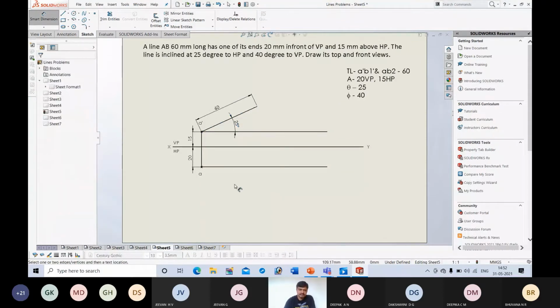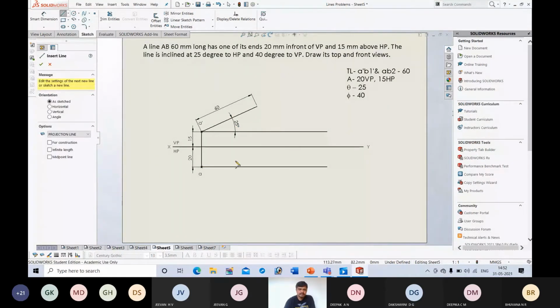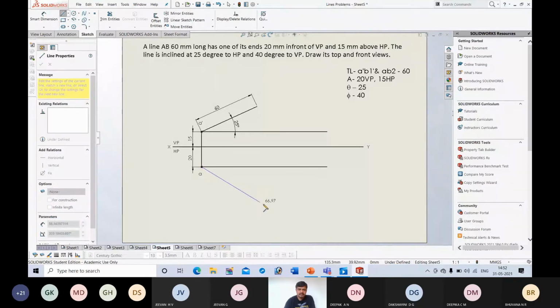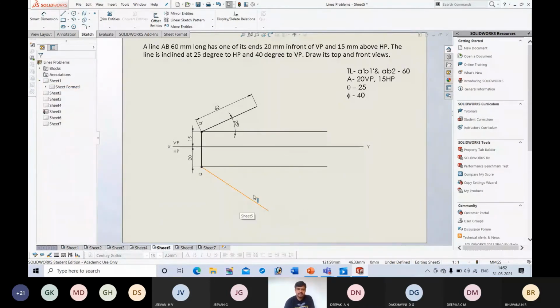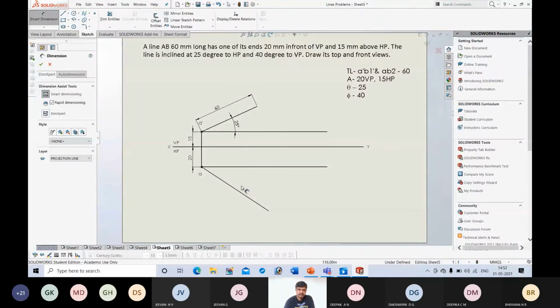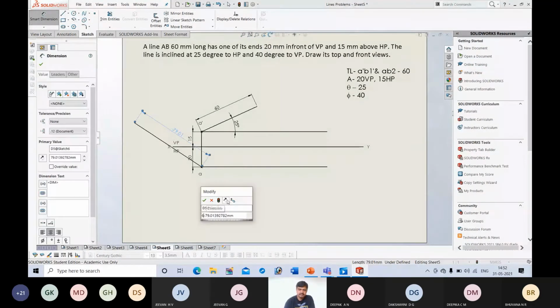Next, I can draw one more line. Again it should also have 60 mm length, but angle, since it is with respect to VP, 40° to VP, so it should be 40. This angle should be 40, this length should be 60. So length, true length, that is 60.